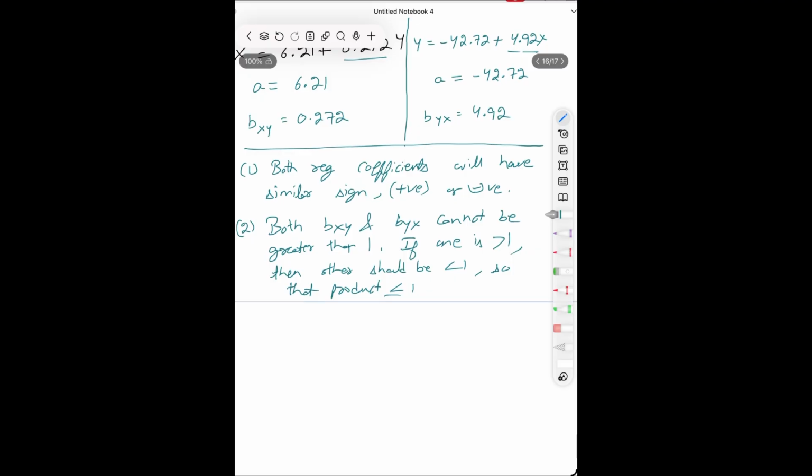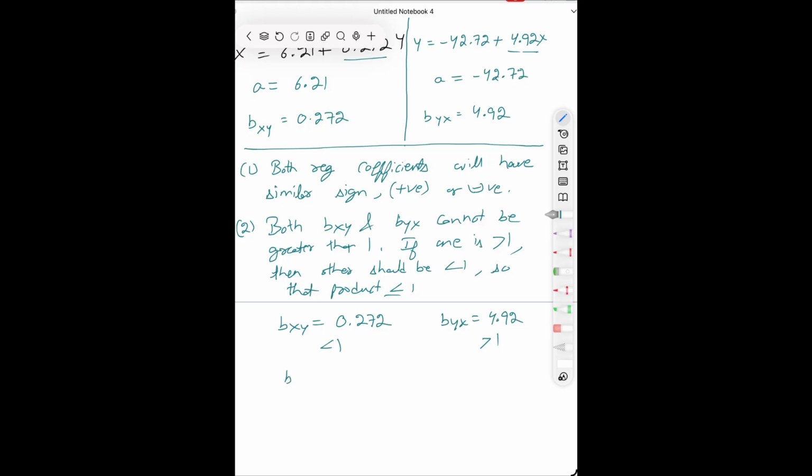In our case, let us check whether it is true or not. bxy comes to 0.272 and byx comes to 4.92. So one is less than 1, but the other is greater than 1.